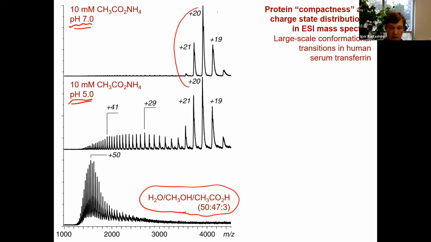So here, under native, or I should be careful, I should call it near native conditions, we have very few charges, and the charge density is low, right? It's plus 15 average. And the reason for that is that the protein is folded. And so when I transfer it from solution to the gas phase, I cannot put too many charges on its surface, right?